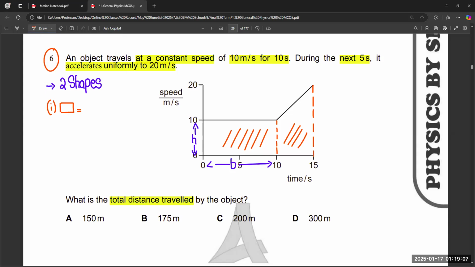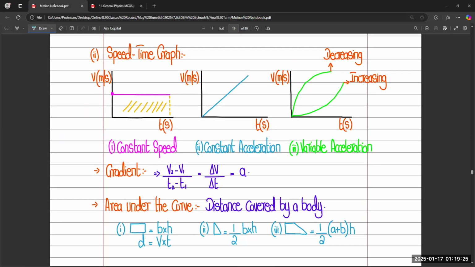So 10 into 10, 100. And the second shape is trapezium, right? And the formula of trapezium is 1 over 2 a plus b into h.